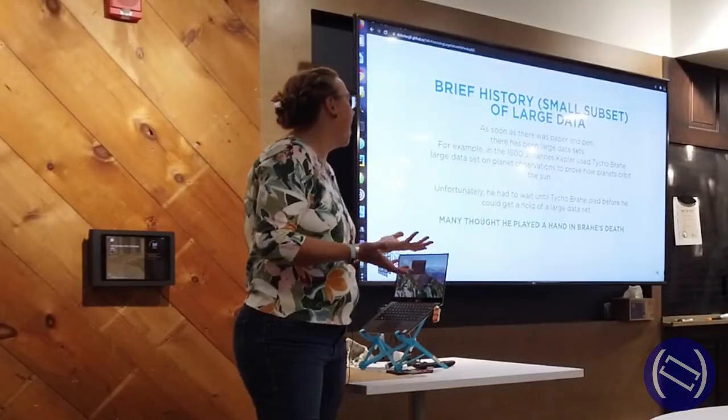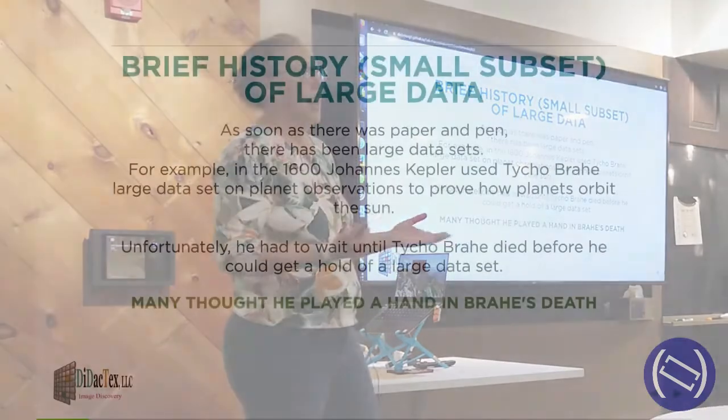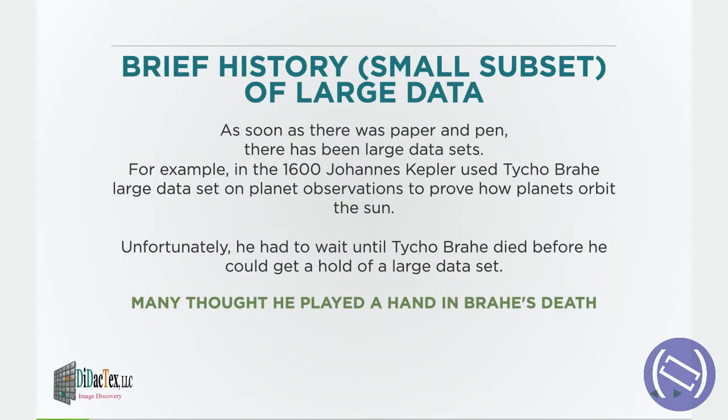Take Johannes Kepler in the 1600s. He worked for Tycho Brahe because Tycho Brahe had the largest data set ever of observations on the planets. And he really wanted to prove the motion of the planets around the sun. He could only prove his theory by using Tycho Brahe's observations.